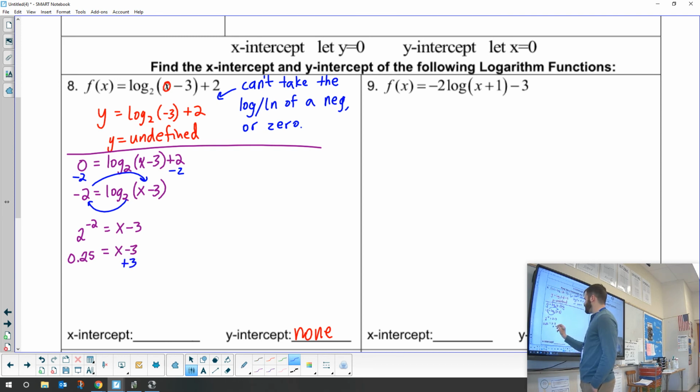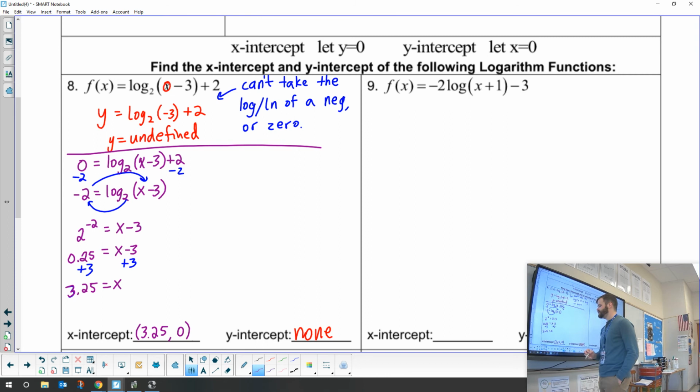Now we can just add 3 to both sides, and we would get 3.25 equals x. So my x-intercept is at 3.25 comma 0. All right, easy as pie. Let's take a look at number 9 now.